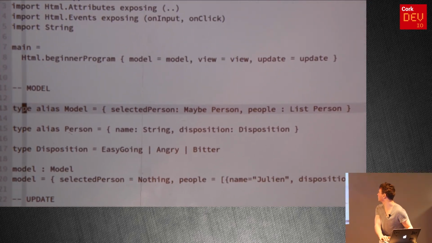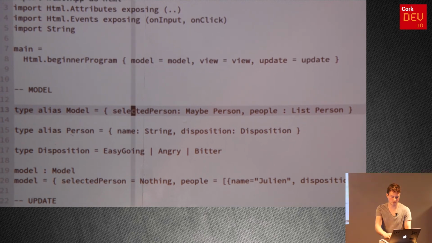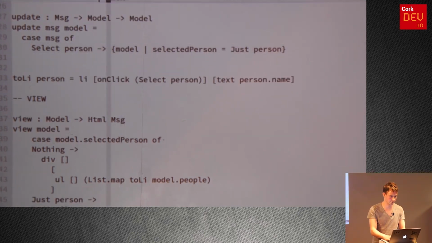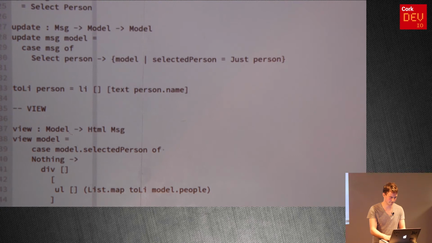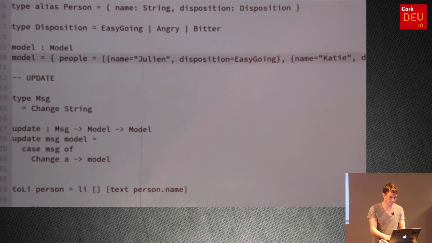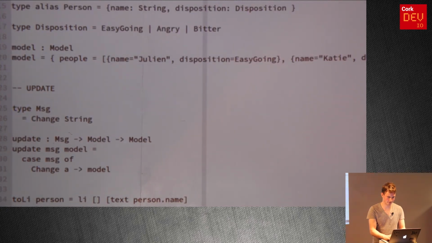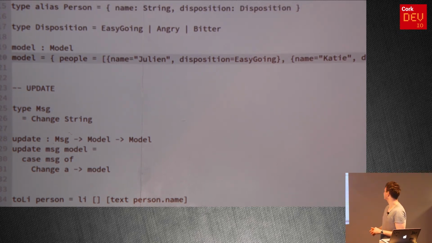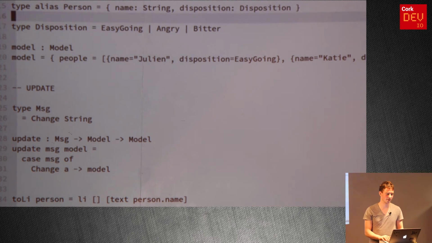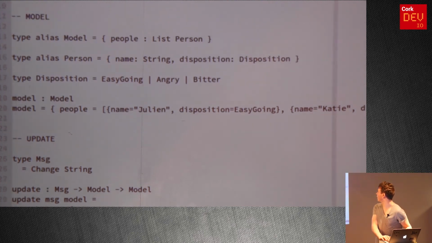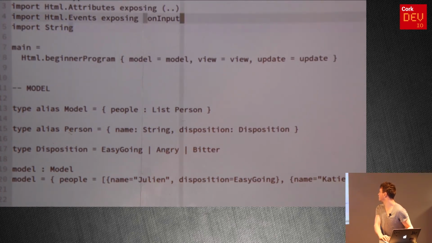We can have our model, and, oh, this is the solution. So we want to go back. Oh, I better go forward a little bit. There we go. So our model is going to be a list of Person.